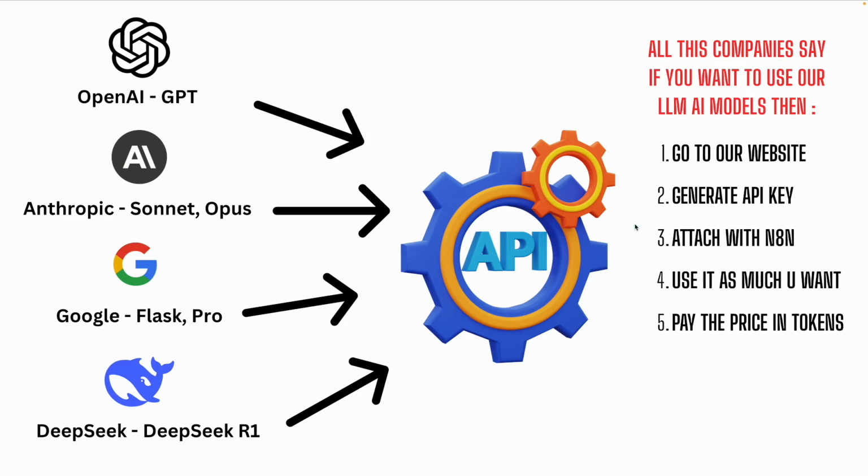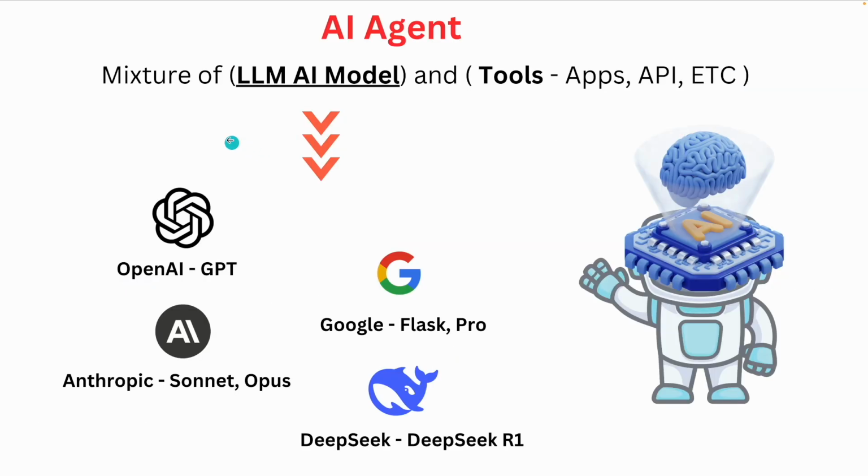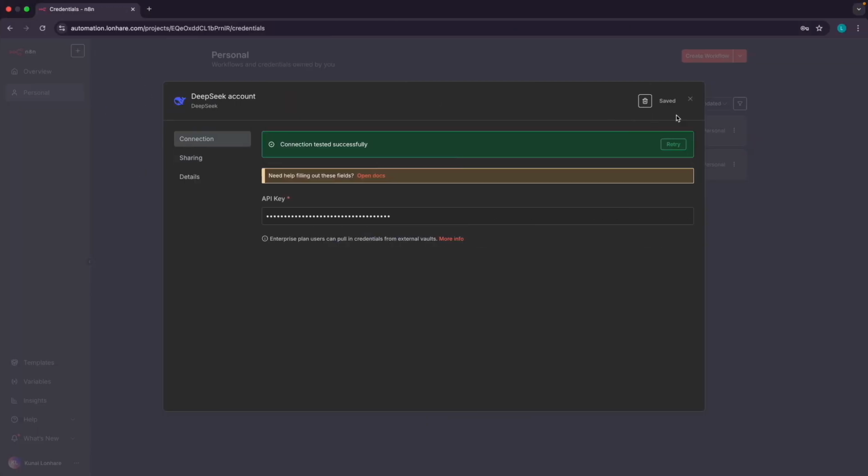That's simple, right? So I hope you have a clear understanding of what we are doing. We have told you that an AI agent is the combination of LLM AI models and tools. For tools, we have used N8N, which we have already set up. Boom, right?